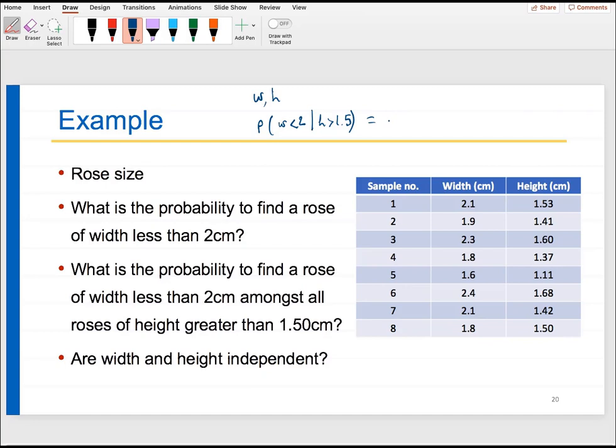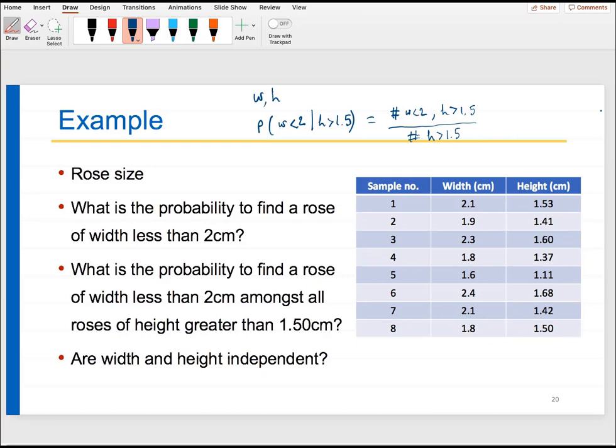Good. Yes. So there are two ways to do it. One way, what's your name? Dheeraj. The one way which Dheeraj has suggested is, you count the number of flowers with width less than 2 given height greater than 1.5, divided by the number of flowers with height greater than 1.5.